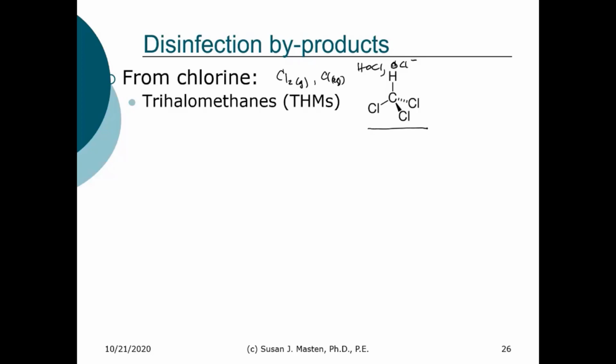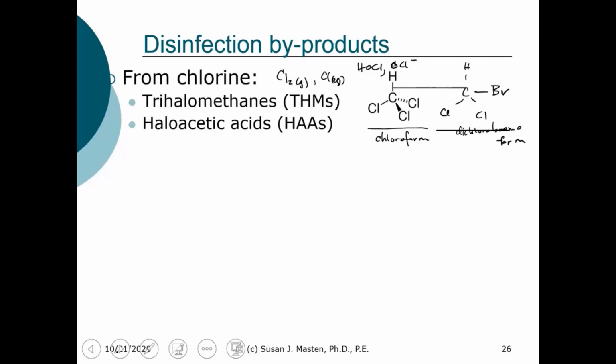Trihalomethanes are carbon with either chlorine or bromine. It can be one bromine and two chlorines, it can be two bromines and one chlorine, it can be three bromines. So we can have chloroform, and this is dichlorobromoform.